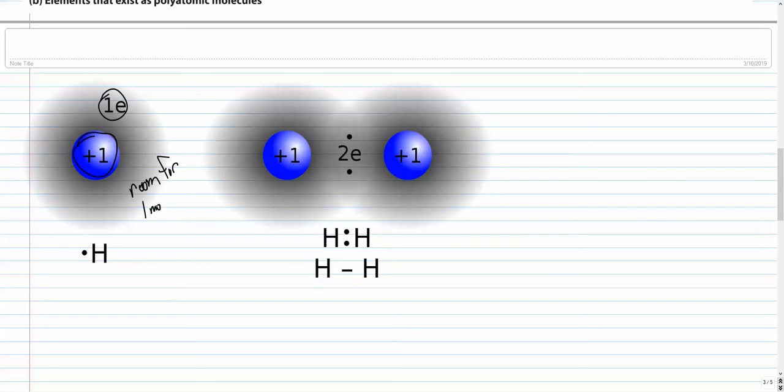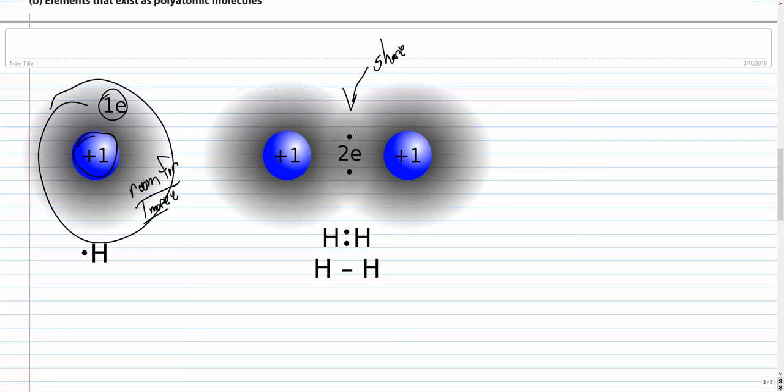for 1 more electron. So if you have 1 hydrogen atom with room for 1 more electron, what happens if you have 2 hydrogen atoms? Since they both have room for 1 more, what they can do with those 2 electrons is they can share them. And if they share them, you get what's called a covalent bond. I think of it as kind of a partnership.